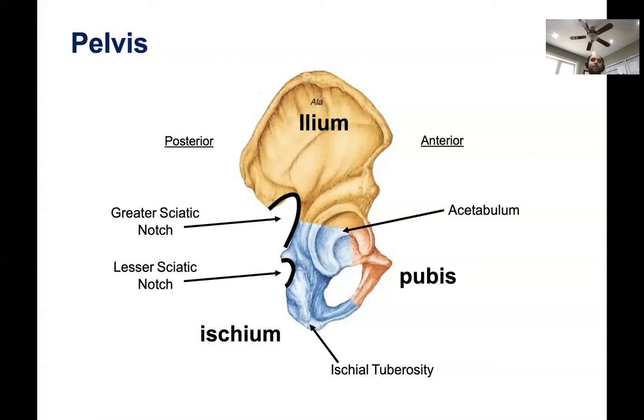It would be just underneath where most people have love handles. That's where the ilium would be, just to get a reference point. Within these structures, we have a few more things to talk about. We have the notches over here, the greater sciatic notch and the lesser sciatic notch. These are both ways for arteries and blood vessels to course through.